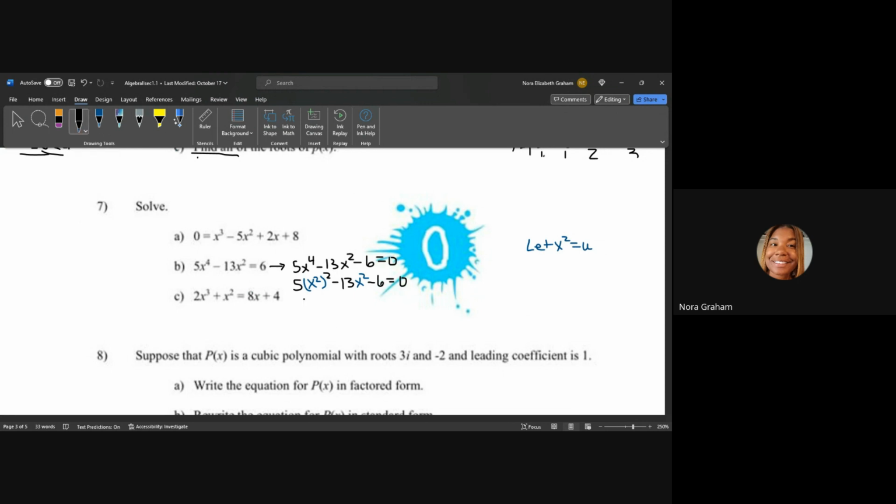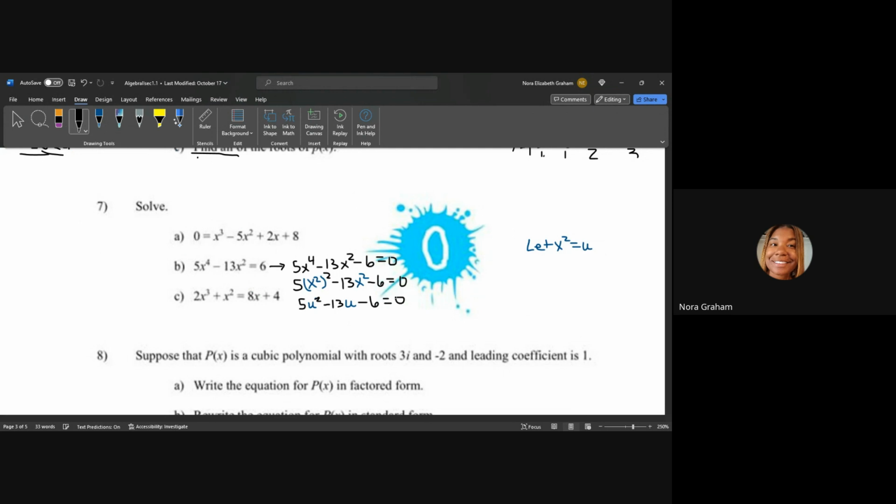So if we let those equal u, now I have 5 u squared minus 13 u, because anywhere where it says x squared, I'm just making it equal to u. And then minus 6 equals 0.